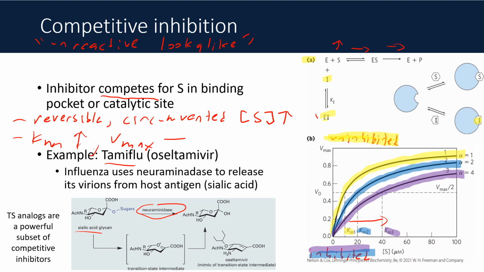And oseltamivir is able to mimic the transition state of sialic acid once it's within neuraminidase. And therefore, this drug is going to compete for that viral enzyme and greatly harm its ability to infect us. Most drugs, by the way, are competitive inhibitors.